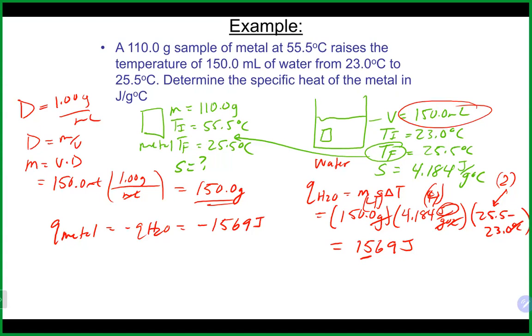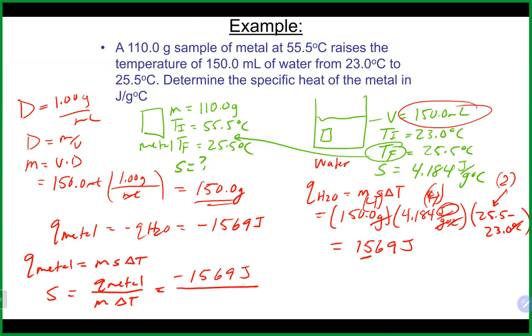Now for our metal, just like we did previously, we could rearrange the specific heat equation for the metal and solve for S, which would be our Q of our metal divided by M delta T, taking our negative version here, divided by the mass of the metal.